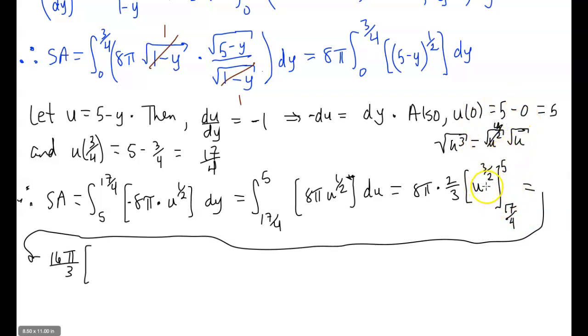Okay, so I'm saying all this to say that this is going to end up just being u times square root of u on the inside here. And it's going to be from 17 over 4 to 5. And so now from there, we will go ahead and evaluate. So 16 pi over 3, and then we plug in the 5 first. And then minus, we plug in the 17 over 4.